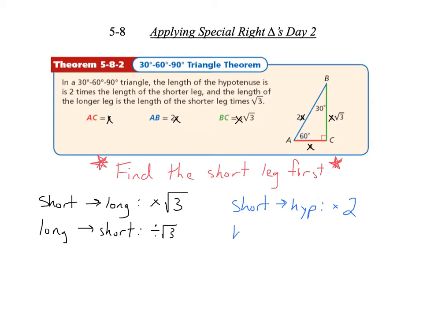You are just going to divide by 2. So in a 30, 60, 90 degree triangle, the hypotenuse has a magic number of 2. If I know the short leg and I need to find the hypotenuse, I multiply by 2. If I know the hypotenuse and I need to find the short leg, I'm going to divide by 2.